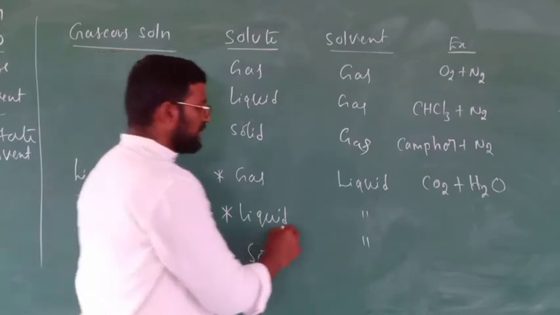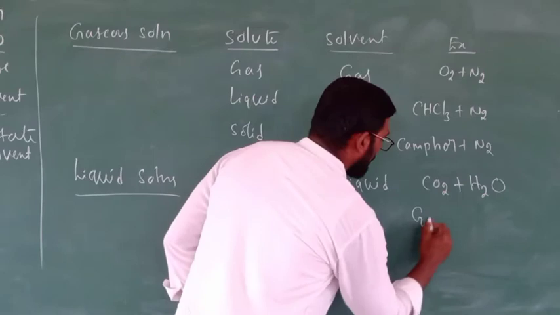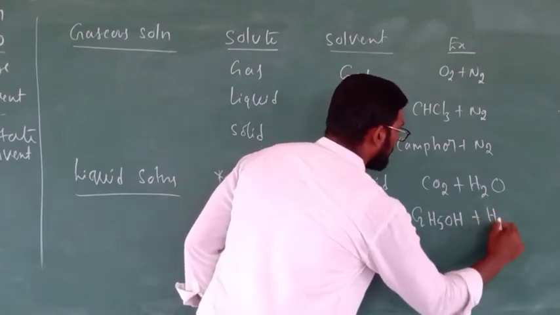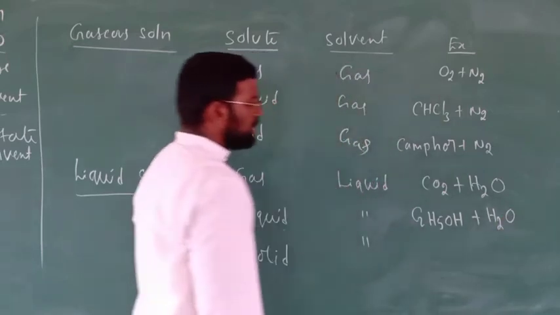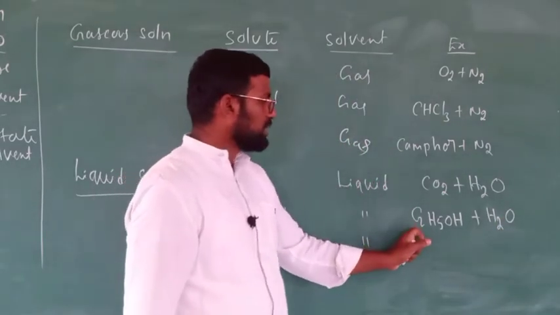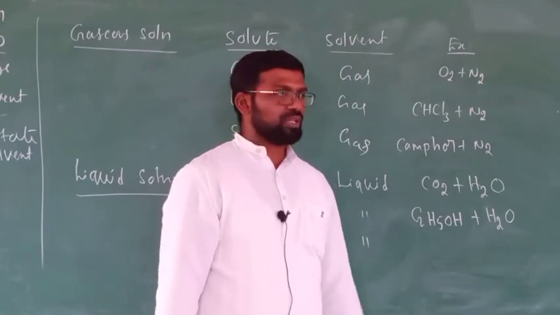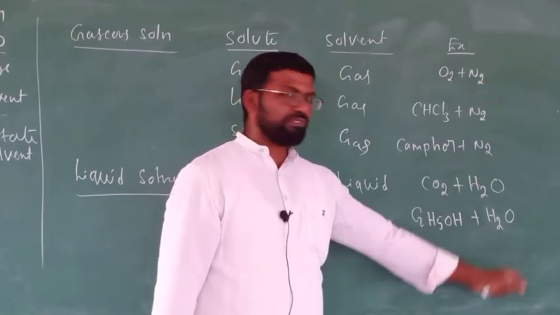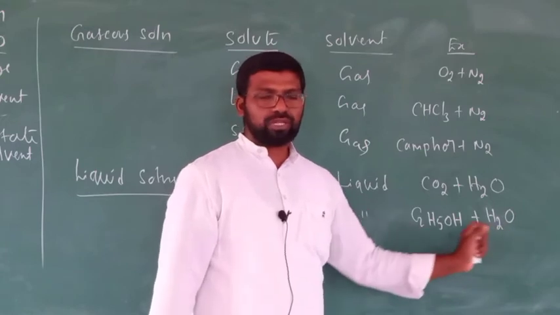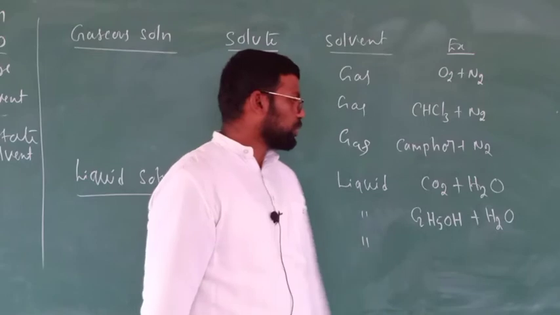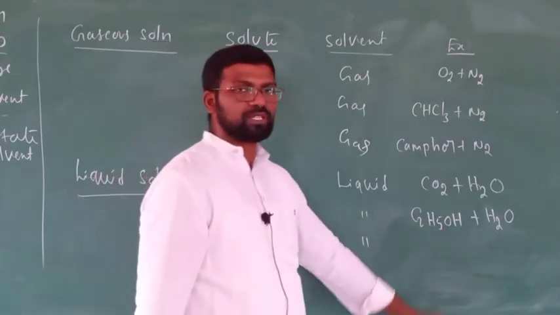Here, liquid in liquid: ethyl alcohol, C2H5OH, dissolved in water. Here ethyl alcohol in small quantity is in liquid state. Water is naturally in liquid state. So both are liquids, this is solute and this one is solvent. So both form a homogeneous mixture.